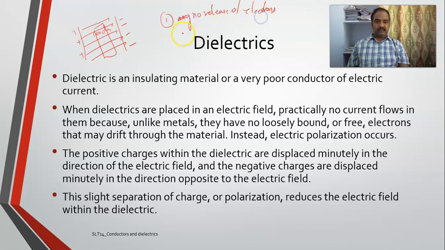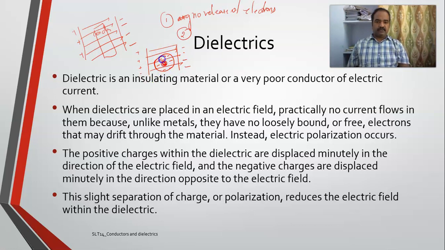Now the question is that even though there is no release of electrons, there may be an appearance of small charges in the molecule or atom. If I apply this electric field, let us suppose this is an atom, this is the nucleus, and these are electrons.